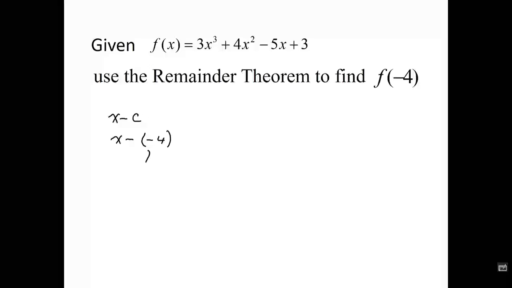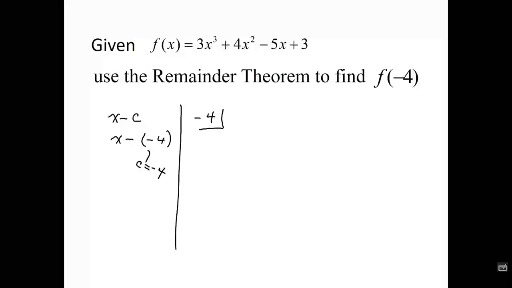So this implies that c is equal to a negative 4. We're going to use synthetic division to find f of minus 4. So our divisor, c, is a negative 4.